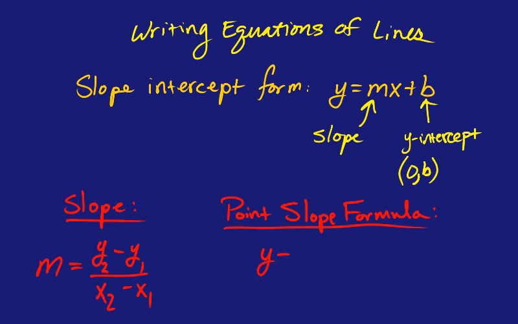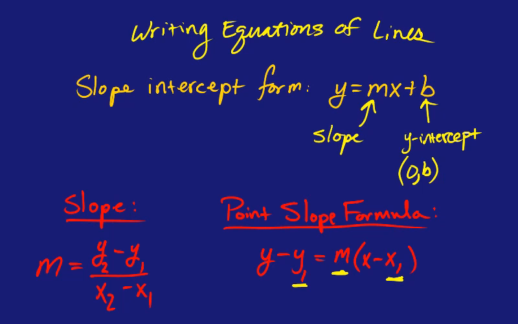It's y minus y1 equals m and then parentheses x minus x1. And it actually comes from the slope formula, but what you do is you only plug in numbers for the slope and for one of the points. So x1 and y1 is the point. So those three spots are the only places that you plug in numbers, and your result is the equation of the line in slope-intercept form once you're done simplifying it.